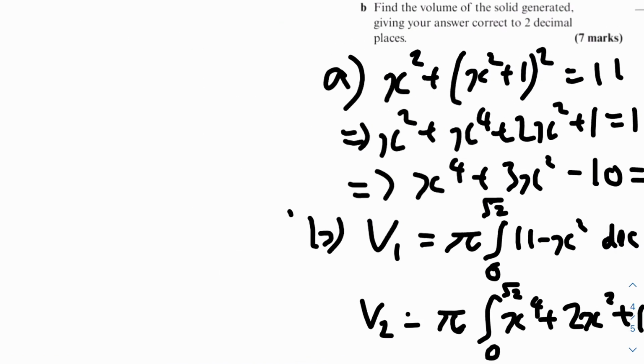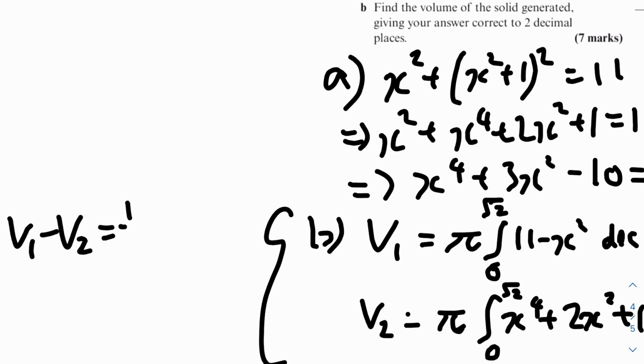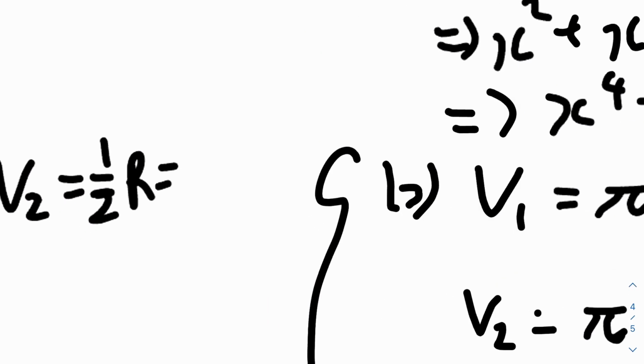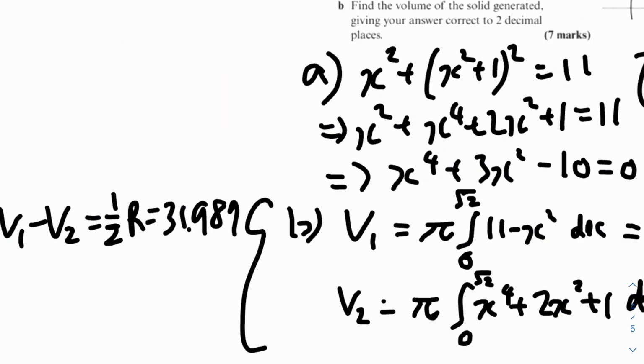Volume 1 is 31 root 2 over 3 pi, minus volume 2, which is 13.921, and that gets us 31.989. Therefore the volume of R is double that.